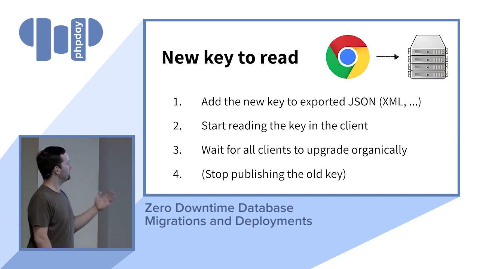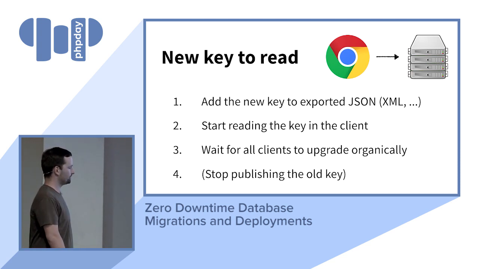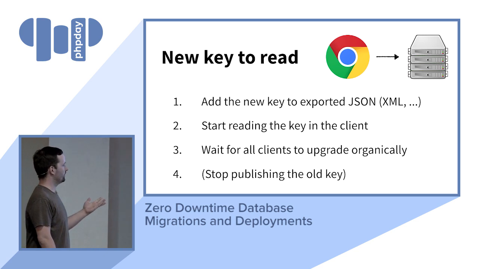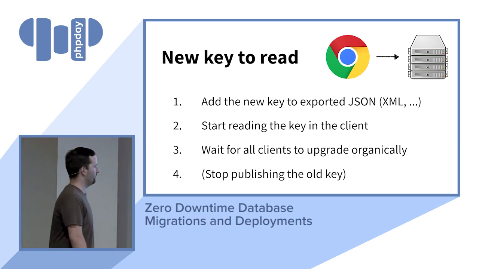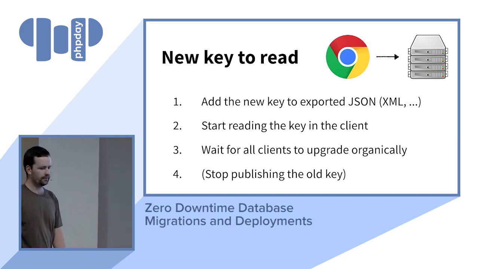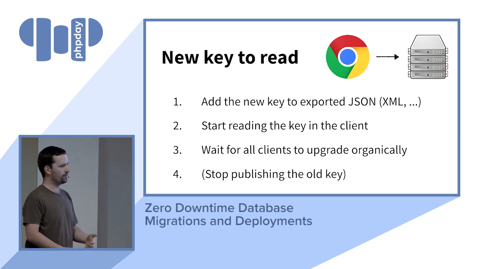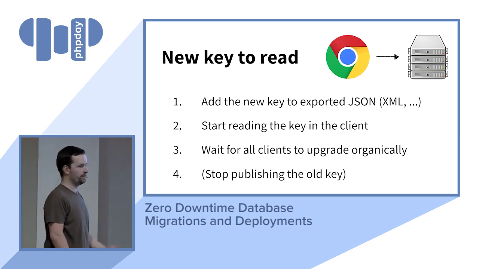Then you can start reading the key in the client for new users that will come to your site. Then you can wait for all clients to update organically, so that all their caches expire or they restart their browsers or whatever. And if all new clients or most of them use the new version of the client, then you can stop publishing the old key if there was one. Okay.